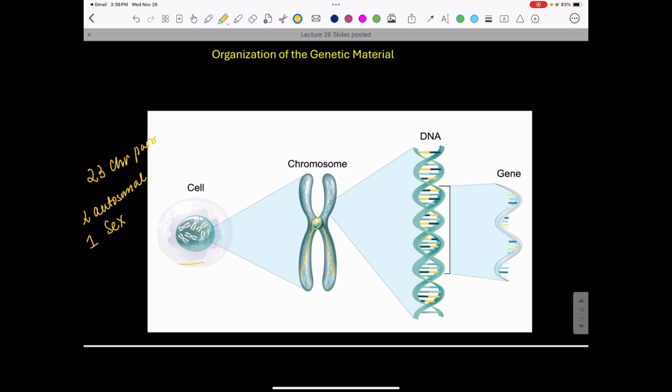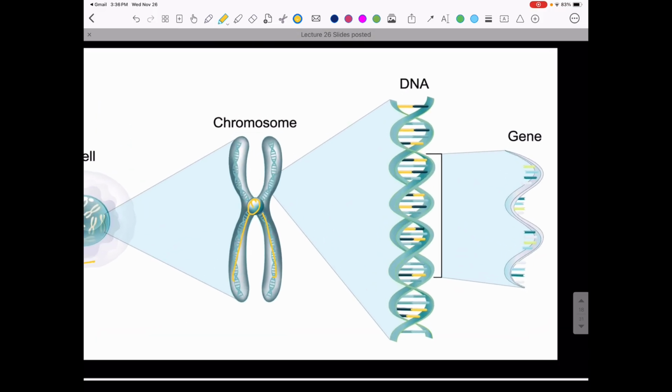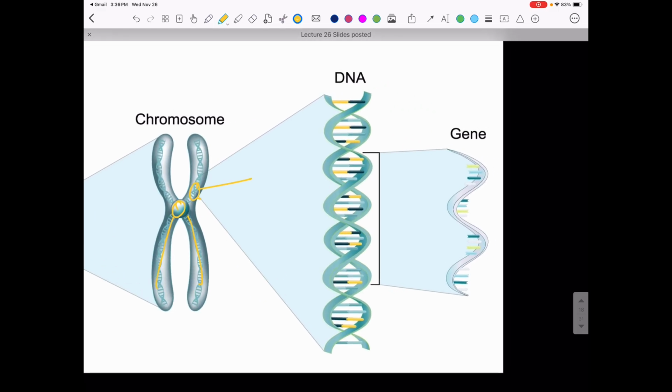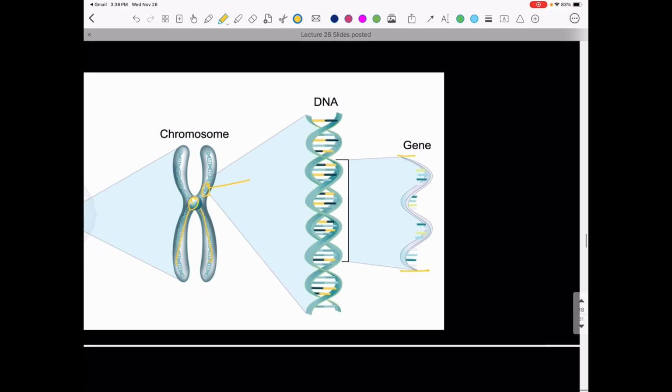And if you were to expand any particular region of this chromosome, you will end up looking at it as a DNA double helix. And when you separate each of those strands, each strand will contain the sequence that codes for a specific gene, and each gene is responsible for a protein product.